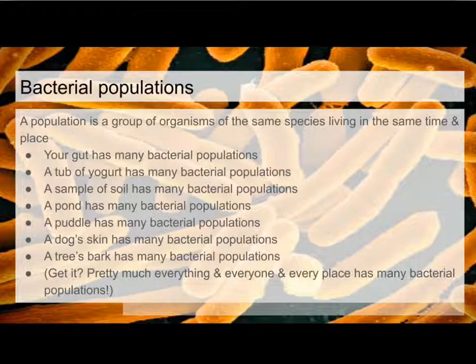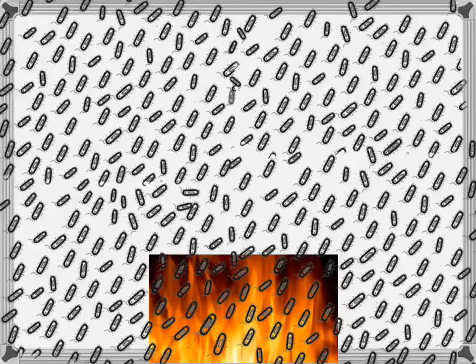Well, we said that individual bacteria have to stay the right temperature and stay the right level of moisture to survive. What happens if the conditions change? What happens if suddenly things aren't so good for our bacteria? What happens to their population? What if, for instance, we crank up the heat a little bit, turn on the fire? What happens to all these bacteria?